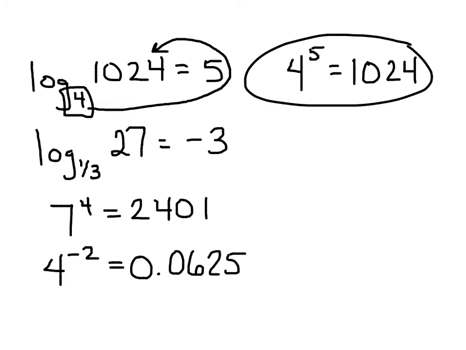And that's your answer. There's nothing more to do. You're not solving anything. You're not finding an x. You're just rewriting. So help me out with the next one, number 11. What would I write? 1/3 to the -3rd equals 27.